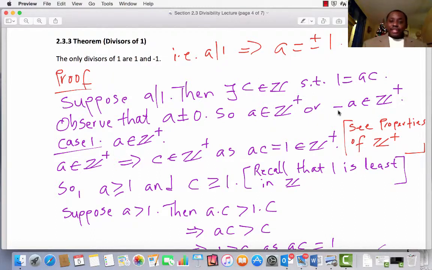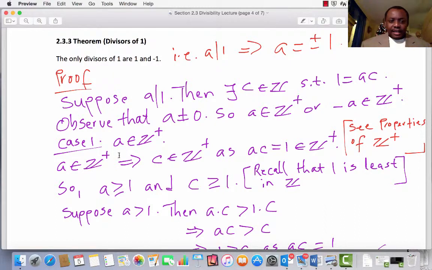So in this particular case, if the element a is not 0, then since a is an integer, a can be in Z plus, or instead of saying that a is in Z minus, we would instead use negative a in Z plus. Same thing as a is a negative integer. Case 1, a is a positive integer.